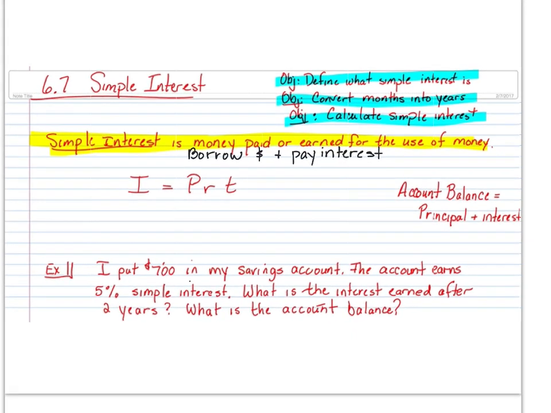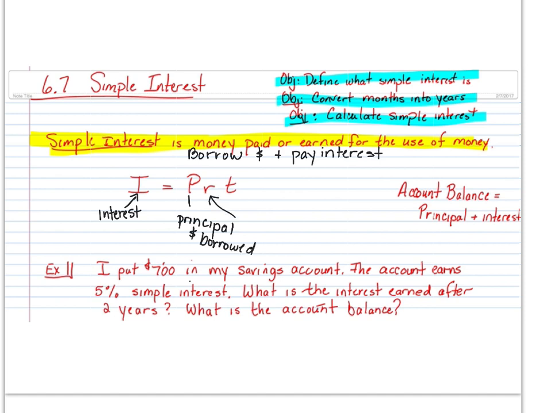So we use the formula that's called I equals PRT. And remember, when they're all sitting next to each other, it means to multiply. I stands for the interest, the interest paid or earned. P is the principal, spelled like a school principal, but it is really the amount of money that you borrow or invest, or that you put in.